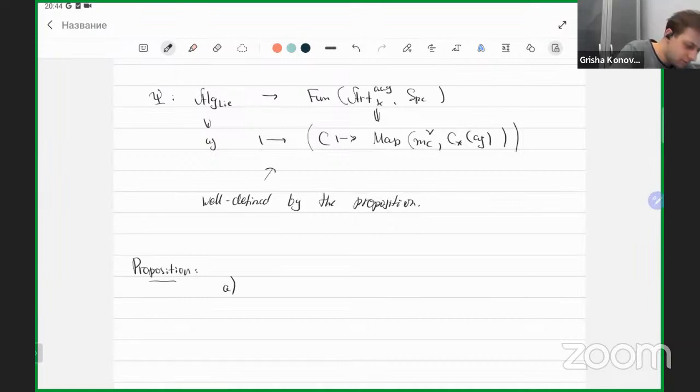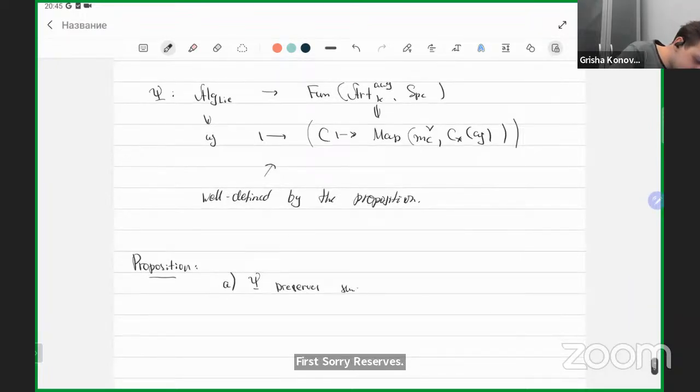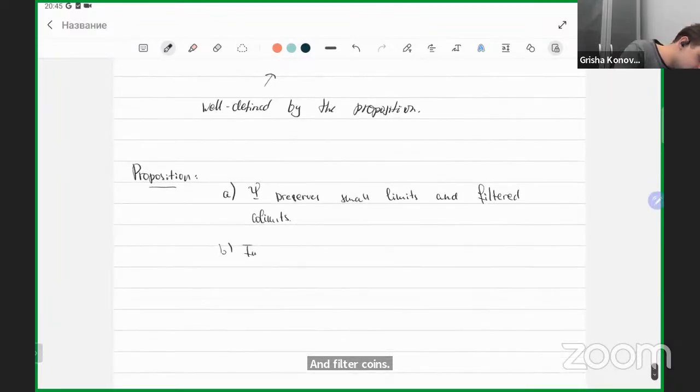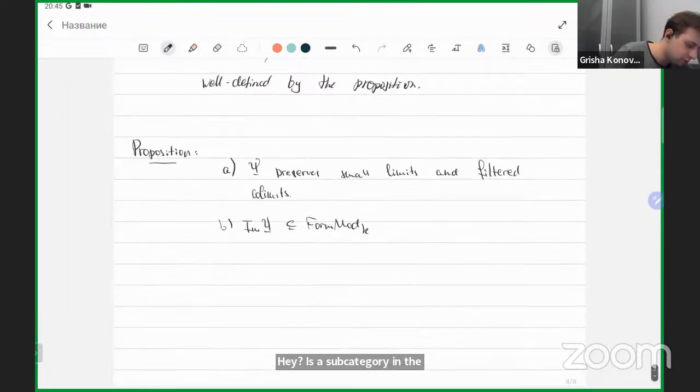First, psi preserves small limits and filtered colimits. And B, the image of psi is a subcategory in the category of formal moduli spaces, formal moduli problems.